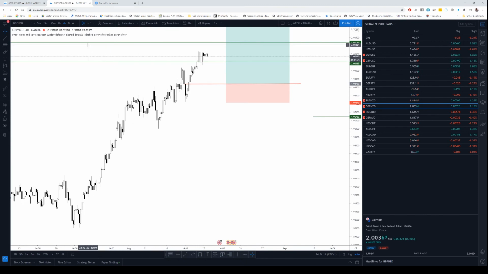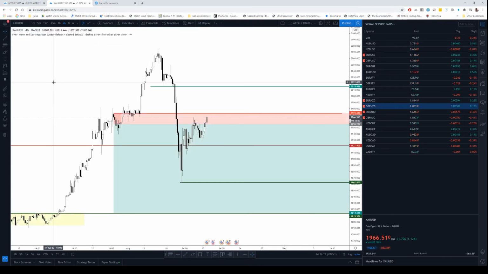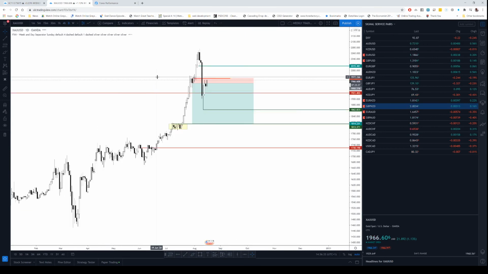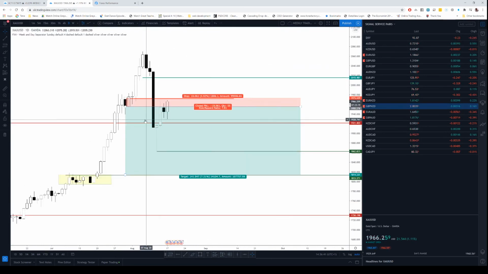Before I just disappear, let's see what gold is doing. So on gold, I wanted price to stay below this down candle there. We're still trading inside there.